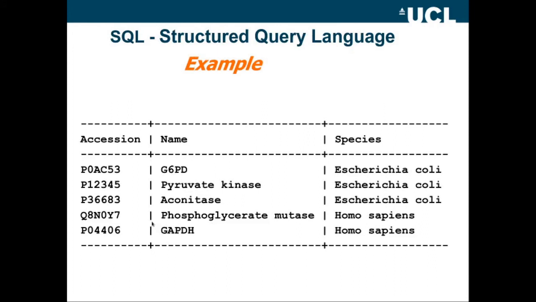At this point we're going to take a short break, and during that time I have two little exercises for you to do, and the first of these is based on this table. So this is a slightly simpler table than we saw before, just has an accession code, a protein name, and a species name.